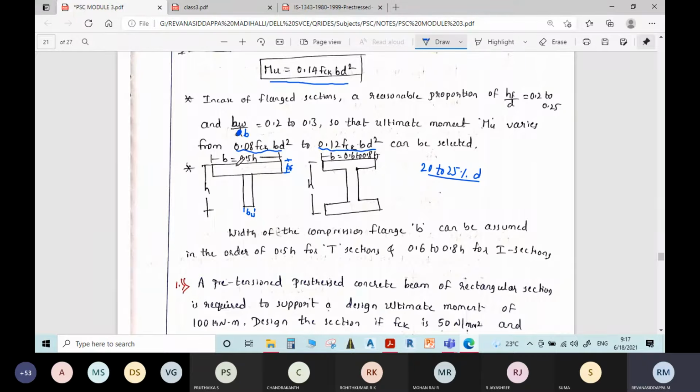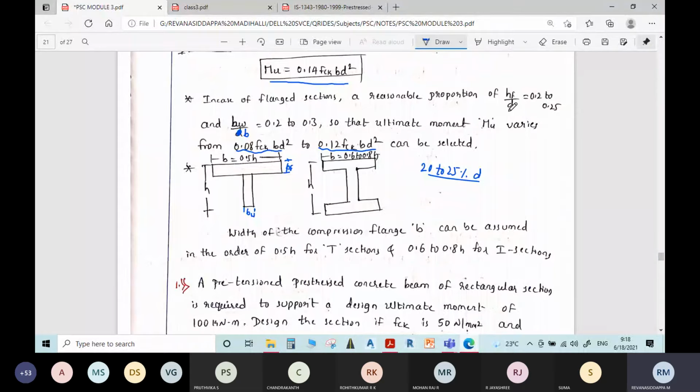For design purposes, if you are able to remember this range, that is enough. No need to remember the detailed formula. Just remember these two formulae, or the range, which varies from 0.08 to 0.12. You can take 0.10 also, the average value, no problem.